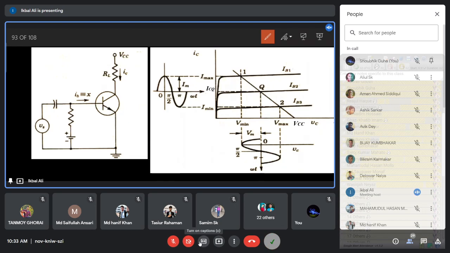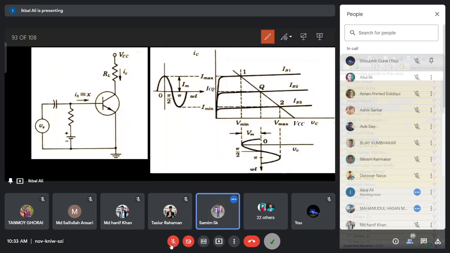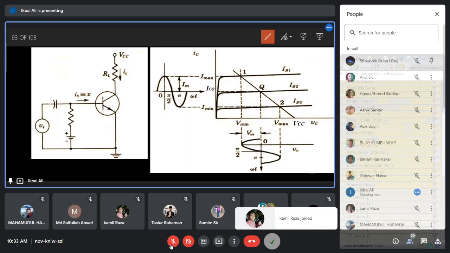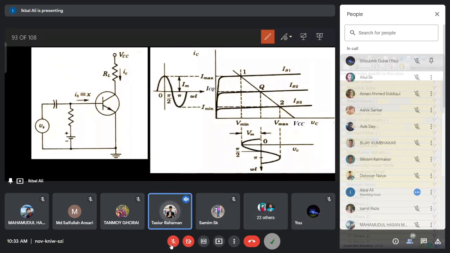If you don't have any doubt, then also respond. Shovik? You don't have any doubt. Any others? No, sir, no doubt. Anyone? Okay. No, sir, you may go.